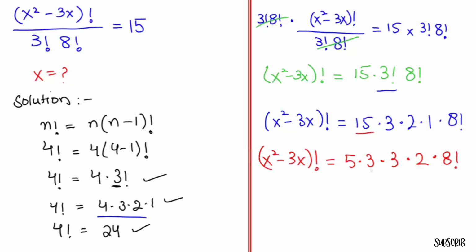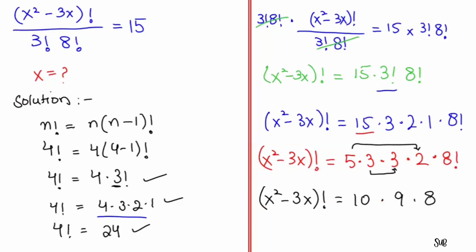Now I am going to multiply this 5 with this 2 and this 3 with this 3. So this turns to (x² − 3x)! equals 10 times 9 times 8!. Next, 9 factorial is equal to 9 times 8 factorial, so in replacement I will write 9 factorial.